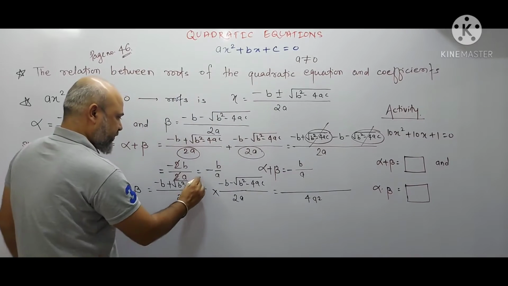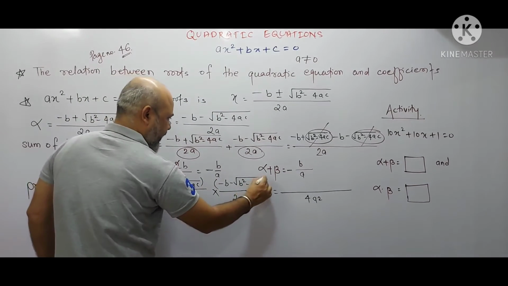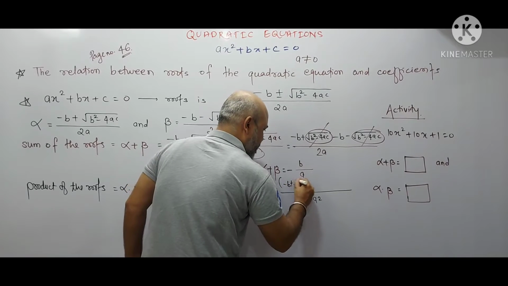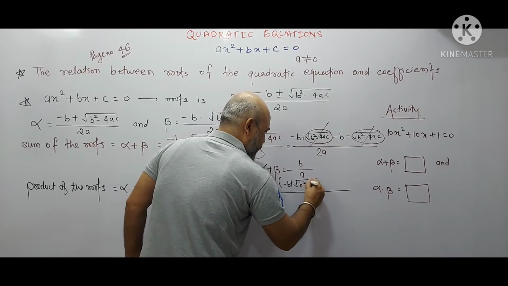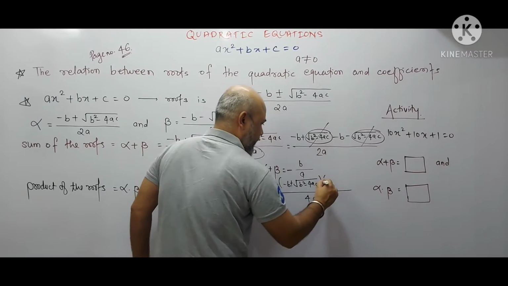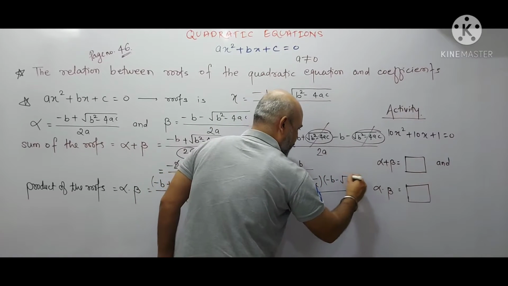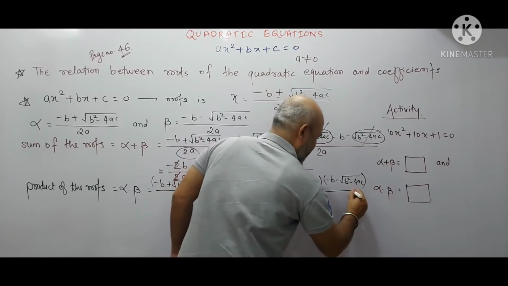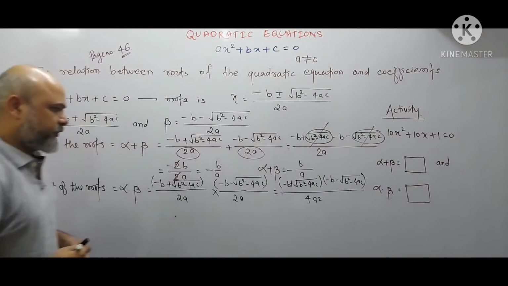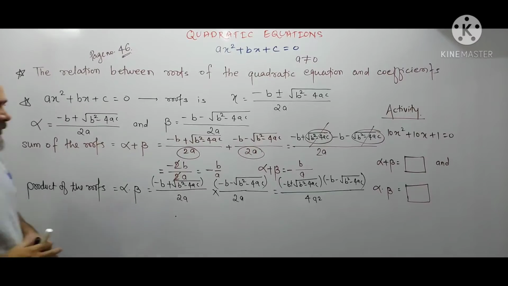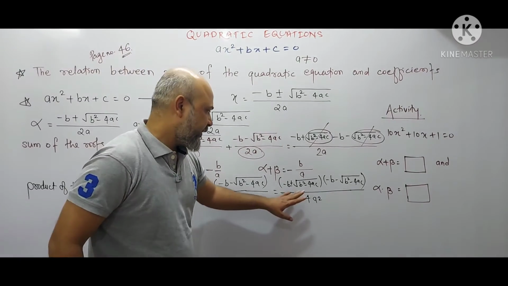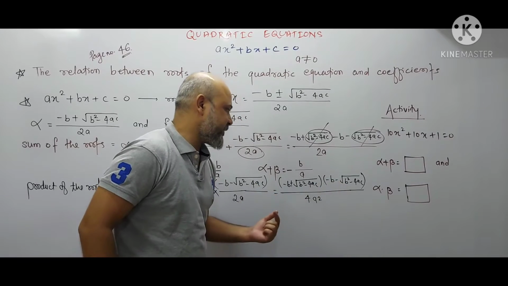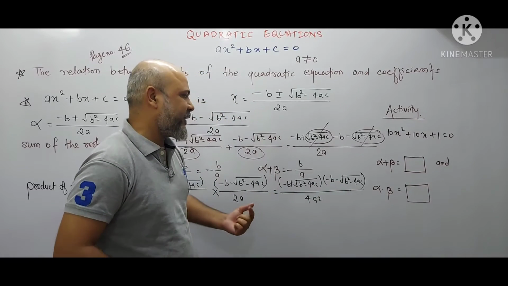Okay. This is the one bracket and this is the second bracket. So we will write the first bracket as (−b + √(b² − 4ac)) and the second bracket as (−b − √(b² − 4ac)). Okay. So how will we multiply? We know that we can use one formula for these two brackets, that is (a + b)(a − b).